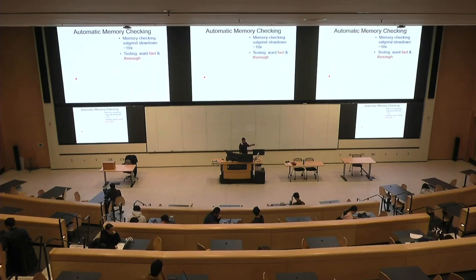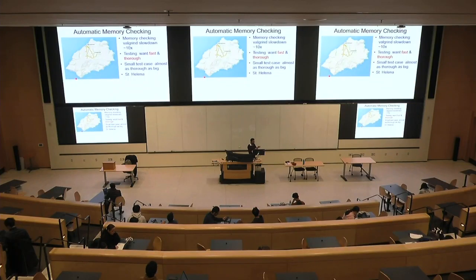So to this end, we test Valgrind on a very small city called St. Helena. It's a very small city in the middle of the South Atlantic Ocean that has less than 100 streets probably. Running Valgrind on it, we check whether you are clearing the memory properly or not. And we are able to do that even with Valgrind because the city is small.